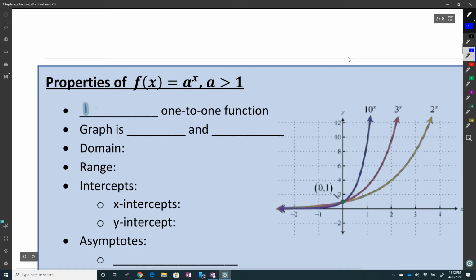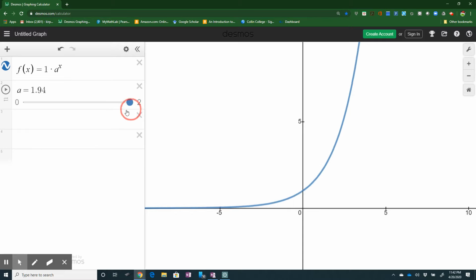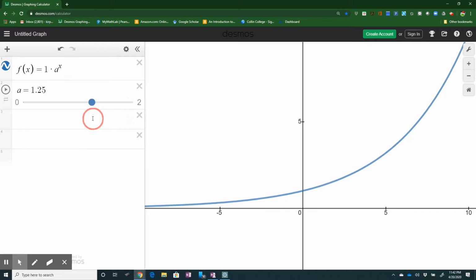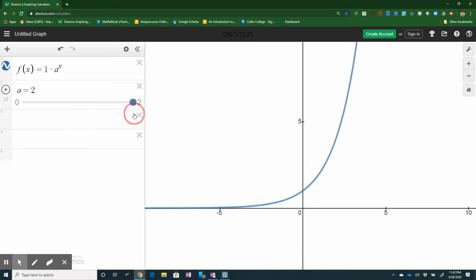Oh, sorry. We're going to start with a being greater than 1. So on Desmos, we're only looking for values greater than 1. So it can be really small, really close to 1. It can be farther away from 1. But that's the only values we're looking at.